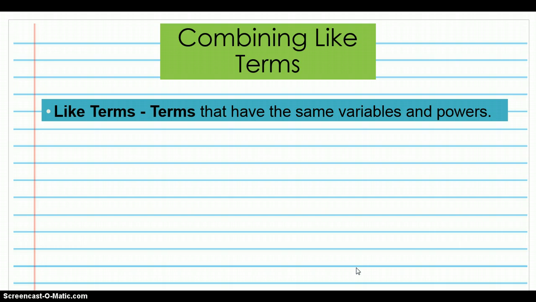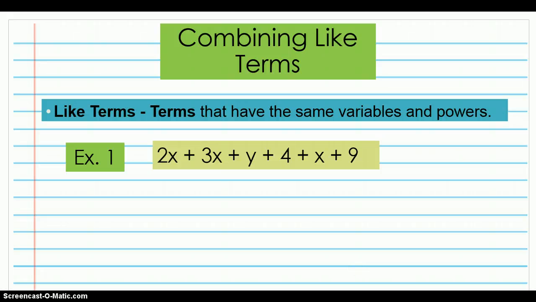Okay, so now that we know what like terms are, let's do a few examples. First, I have 2x plus 3x plus y plus 4 plus x plus 9. It's a very long expression, and I want to simplify it. So, first of all, I'm going to look at my terms. I have 2x, so I'm looking at anything else that contains an x in this expression, and I have 3x and x.